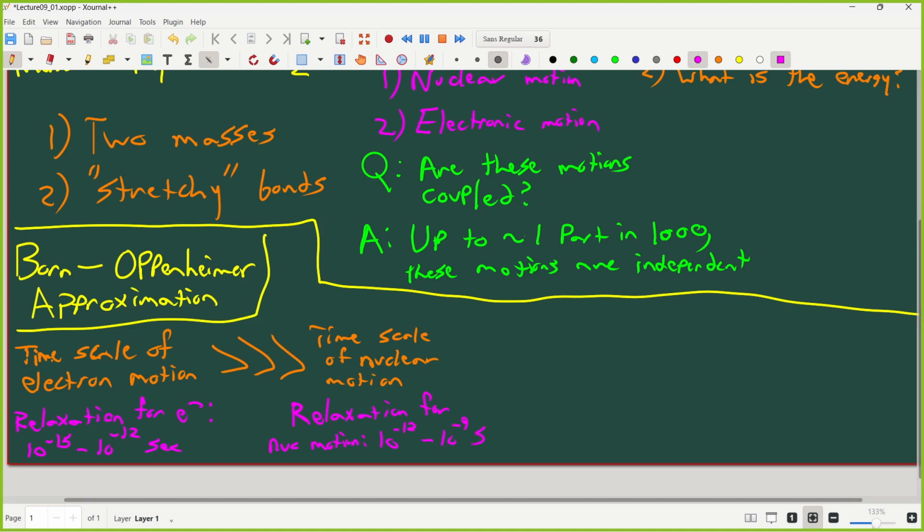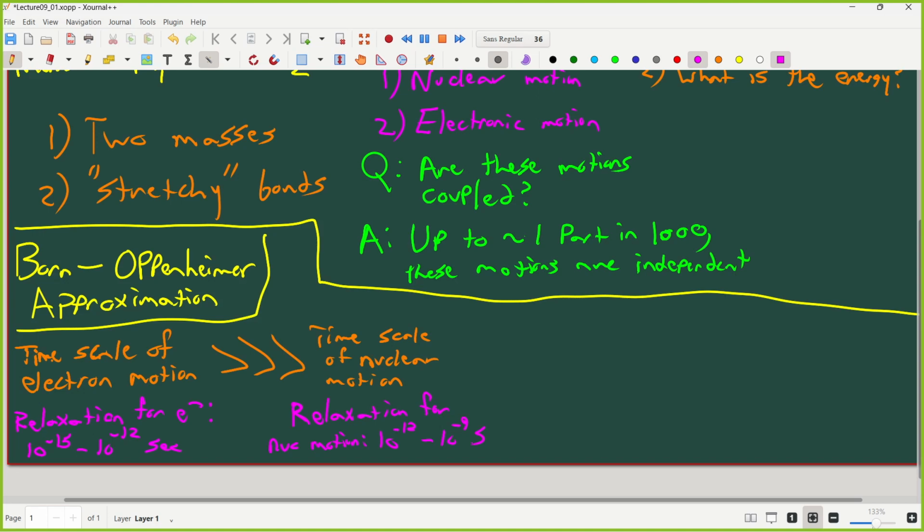It's about 1,000 times slower. The electrons move roughly 1,000 times faster than the nuclei. That should make sense because the ratio of the proton mass to the electron mass is 1,000. The proton is 1,000 times heavier than the electron, so it moves roughly 1,000 times slower. Pretty straightforward.